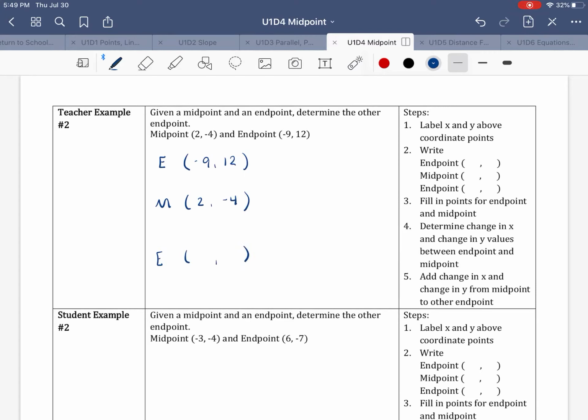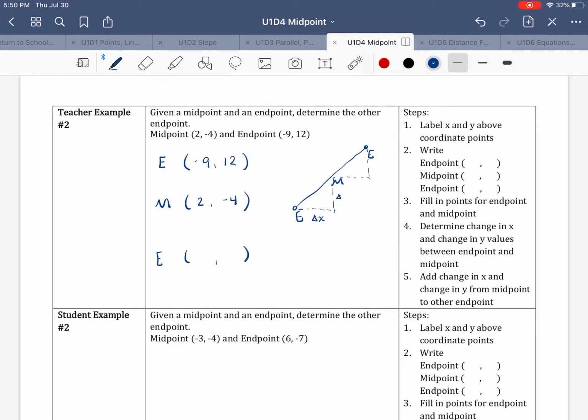And what we know about this is if we had our endpoint, midpoint, endpoint, we know that the distance in the x direction and the y direction to the midpoint will be the same distance, x direction, y direction, from the midpoint to our other endpoint, right?